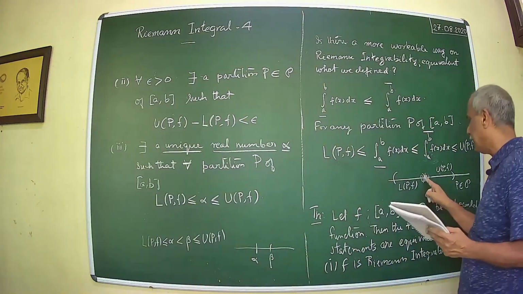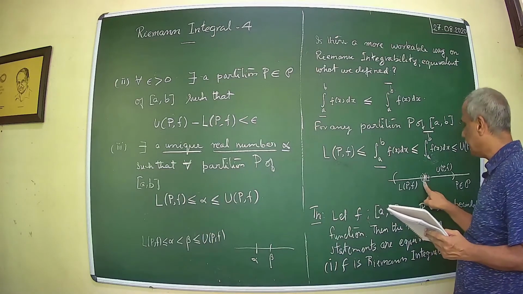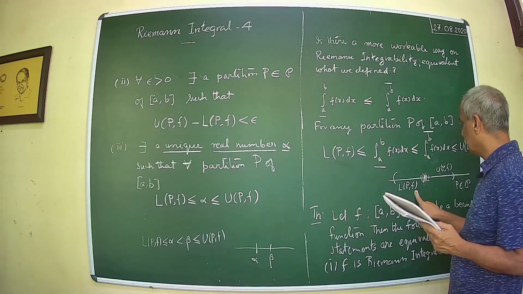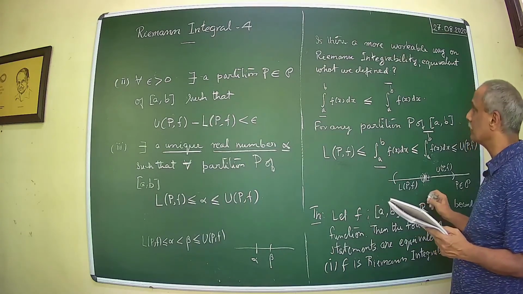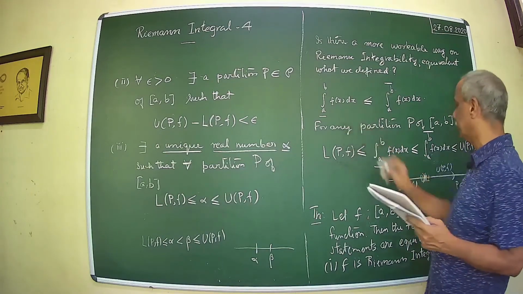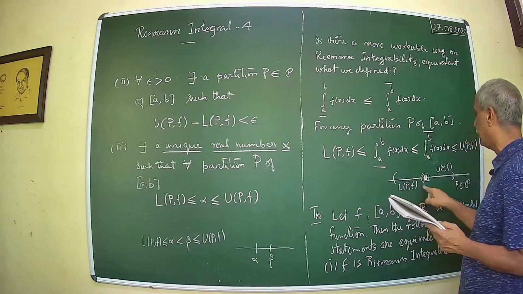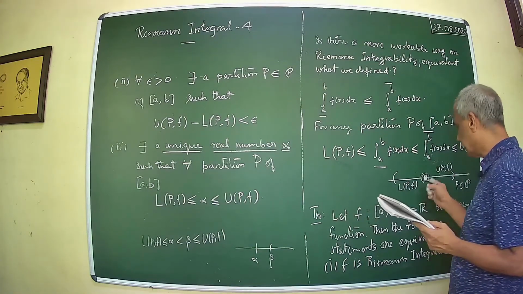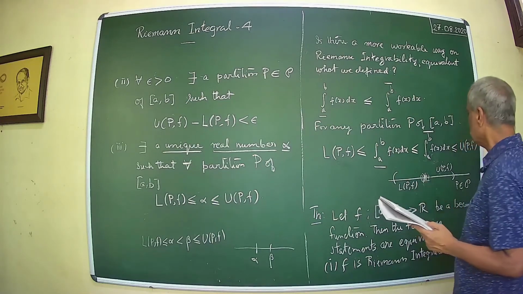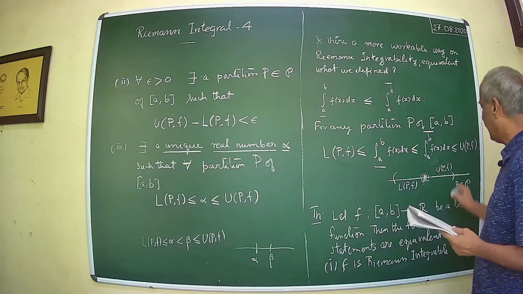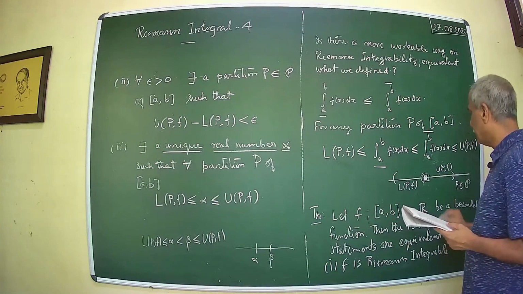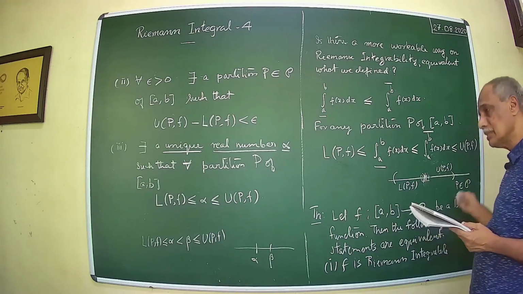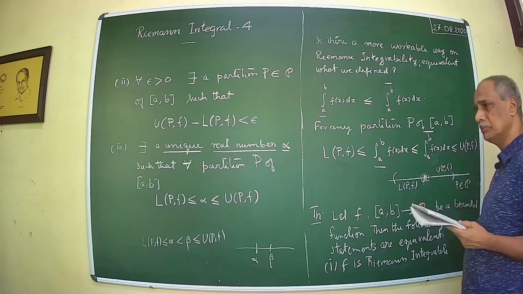Now you see, you can find a partition P such that L(P,f), you take the integral. What is that integral? The lower integral. The difference between the lower integral and L(P,f) is less than epsilon by 2. That is possible because this is the supremum of these numbers. So also you can find a partition such that the difference between U(P,f) and the upper integral is less than epsilon by 2.